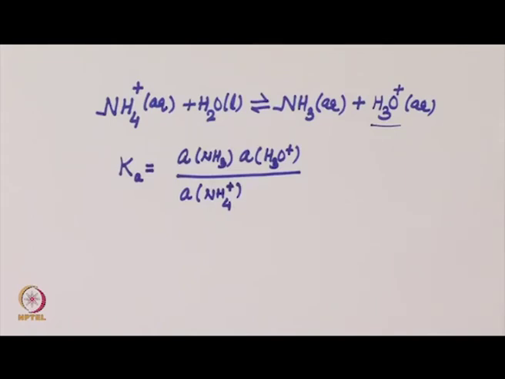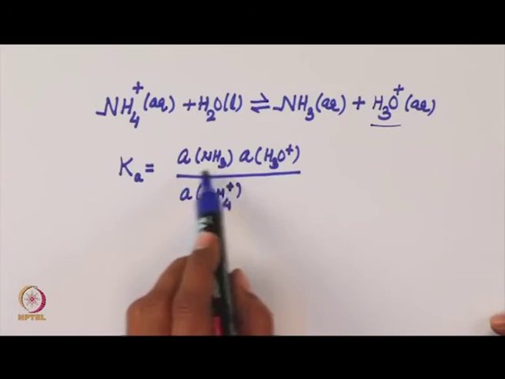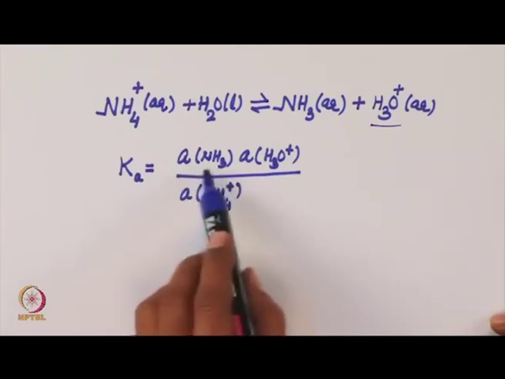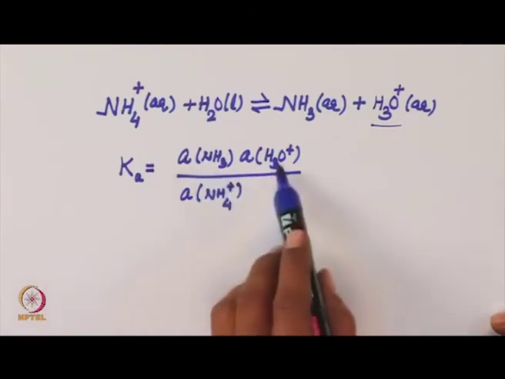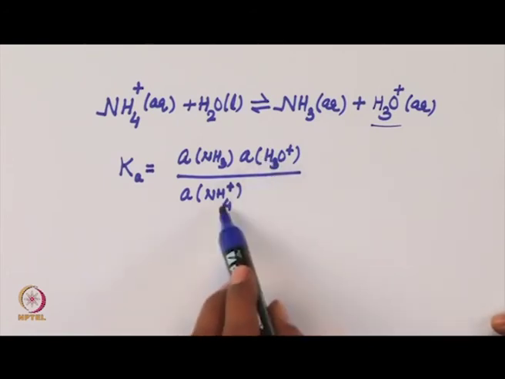And activity is equal to activity coefficient into molality. For pure ammonia, we will consider activity to be equal to its molality, and for these the activity coefficients will cancel out.